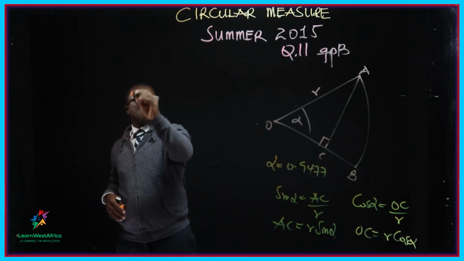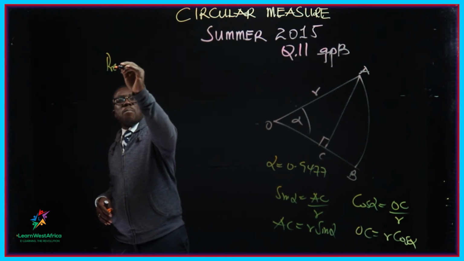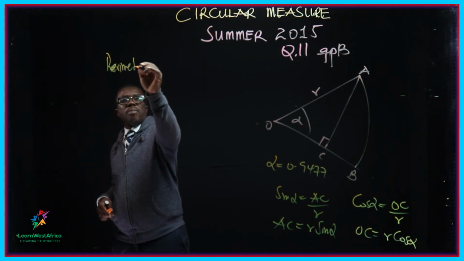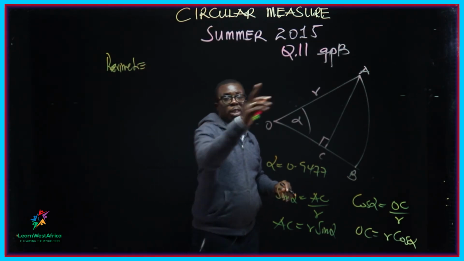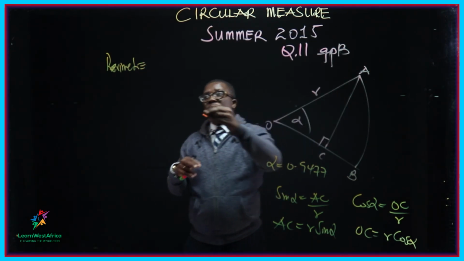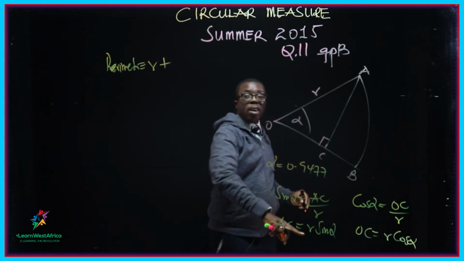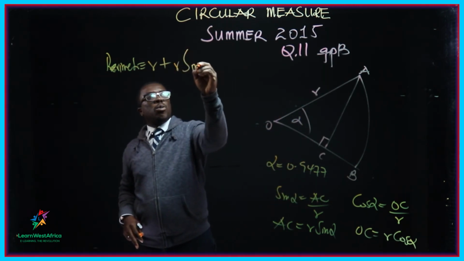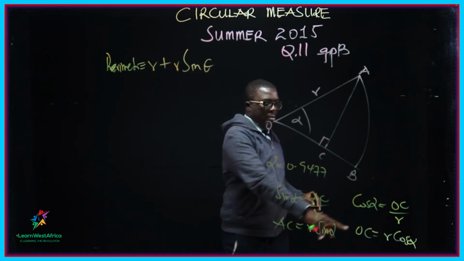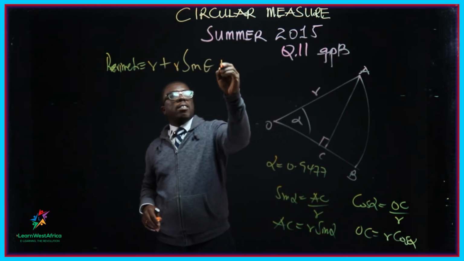So the perimeter that we are referring to is going to give you the distance around the shape. So this R plus AC, and AC is R sine theta. So R sine theta plus OC, R cos theta.